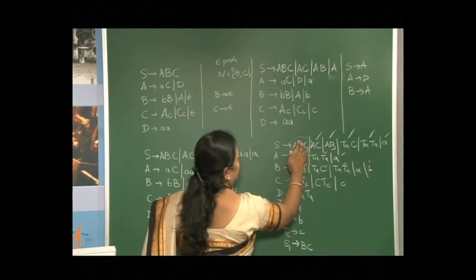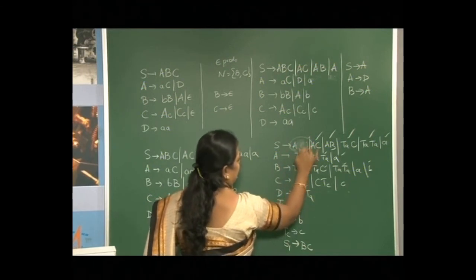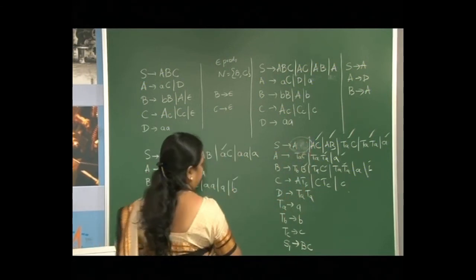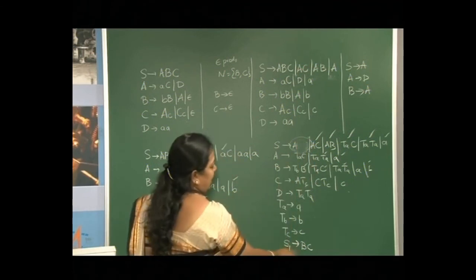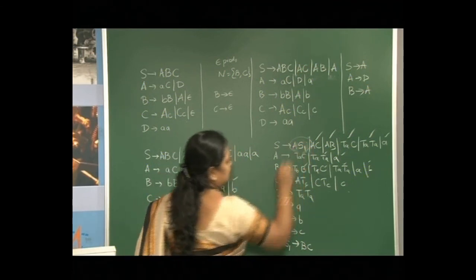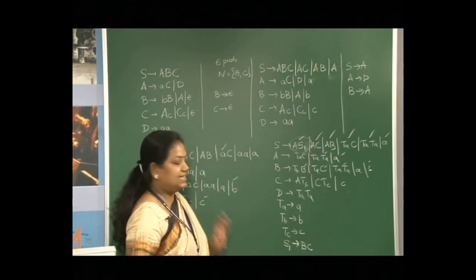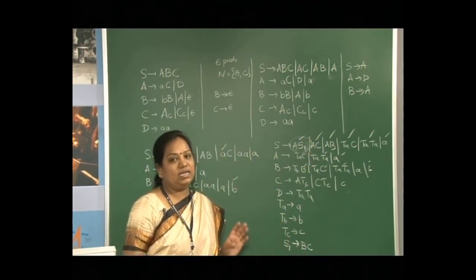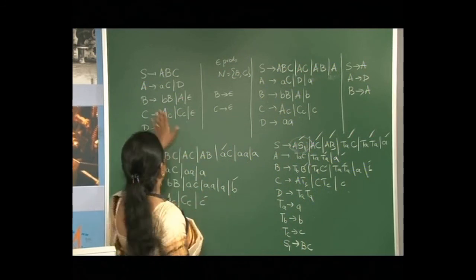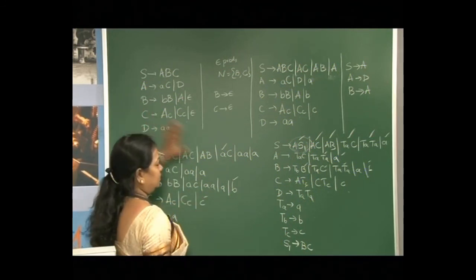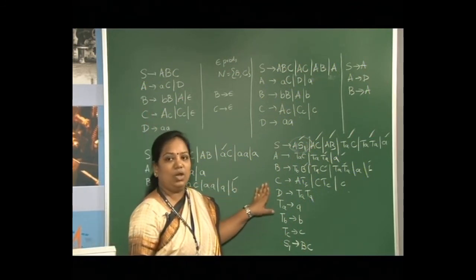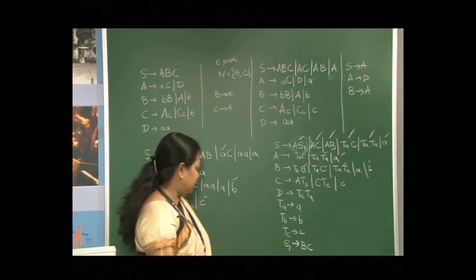And what is S now? S is A S1. Now you can see all the production rules present in this grammar are in CNF. So given this CFG, this is the CNF grammar obtained by applying the normalization algorithm.